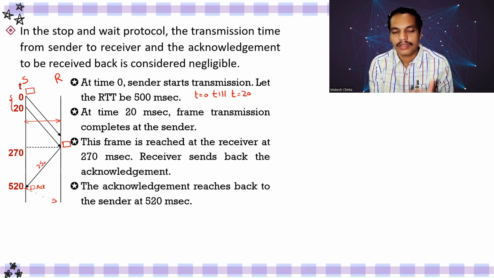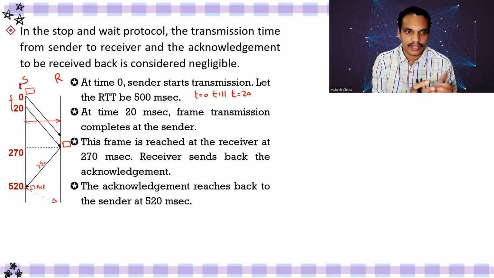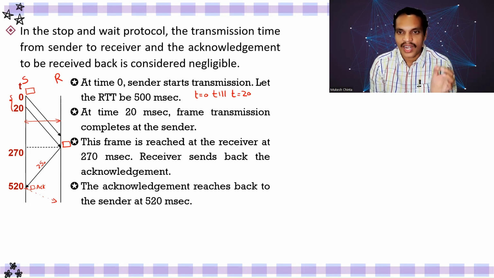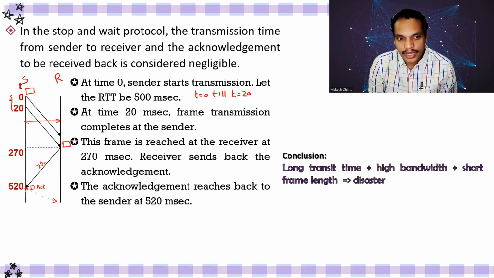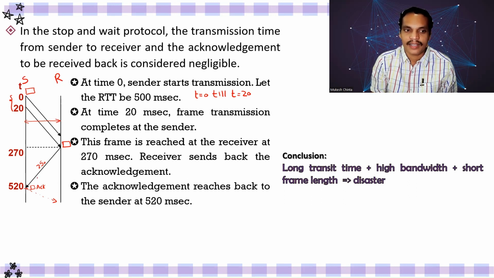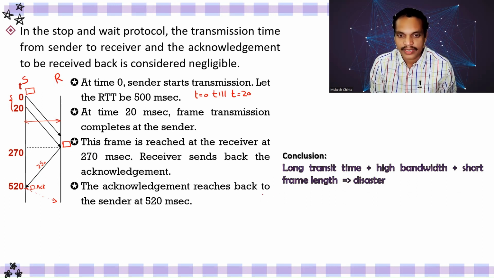But the problem is, check out the duration of time where the sender remained active. Starting from t equal to 0 till t equal to 520, the total time that the sender is active is only 20 milliseconds. So 20 milliseconds out of 520 milliseconds is just around 4%.